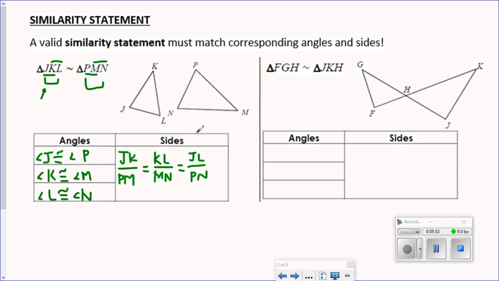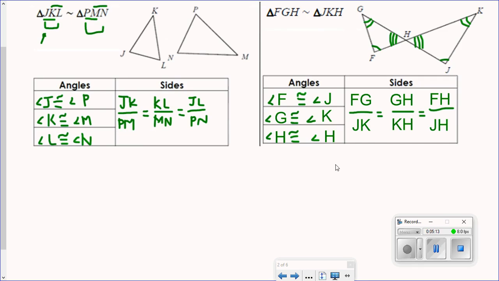So go ahead and pause the video, and write the corresponding angles and the corresponding sides for this figure using the similarity statement. So here you have angle F congruent to angle J, angle G congruent to angle K, angle H congruent to angle L. And then the ratio of side FG over JK is going to be equal to the ratio of GH over KL.